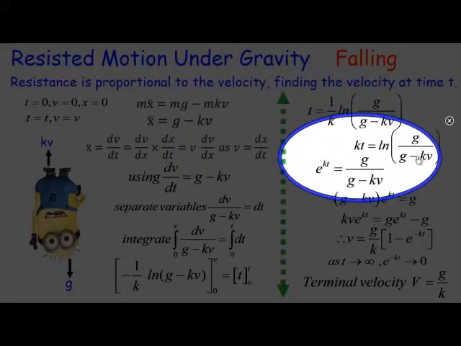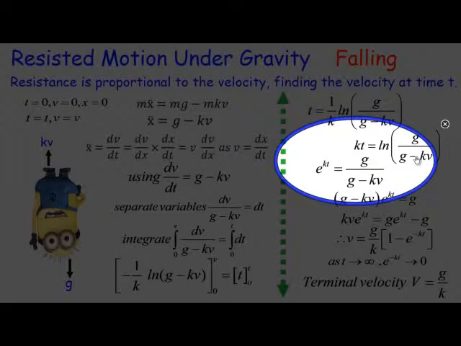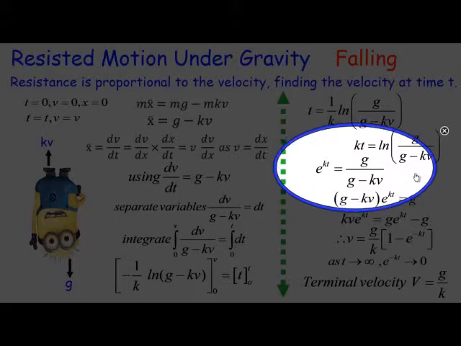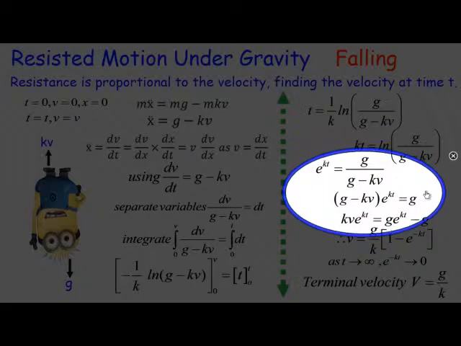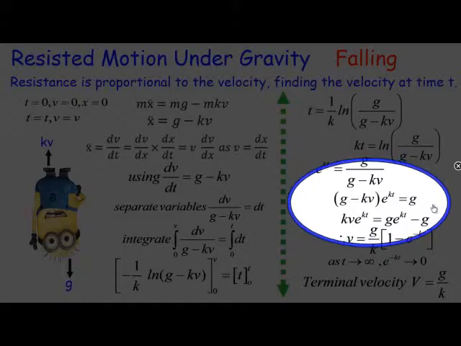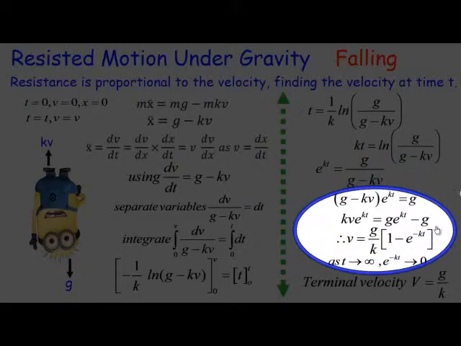Take the exponentials of both sides. As you know, logs and exponentials are inverse functions. That's why the ln disappears, and we end up getting an expression with v in it. Eventually we need to rearrange it. We can get here v is equal to g on k, brackets 1 minus e to the minus kt.